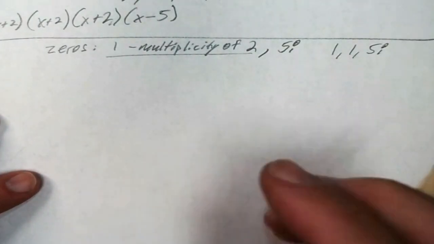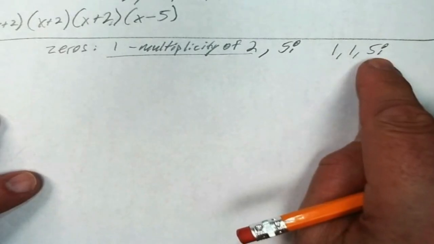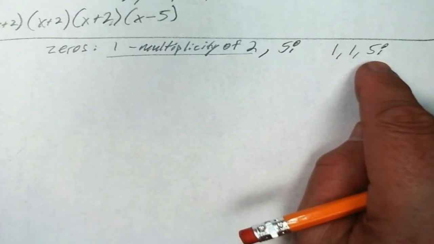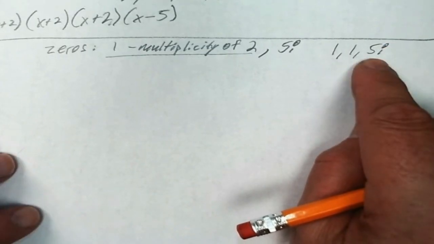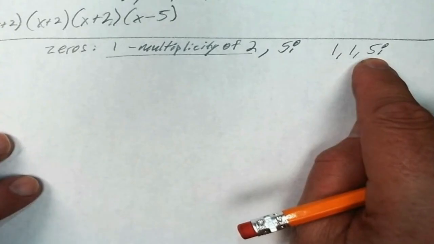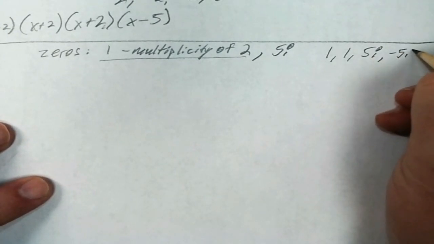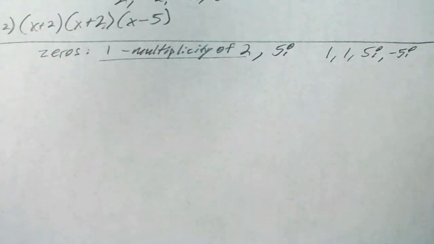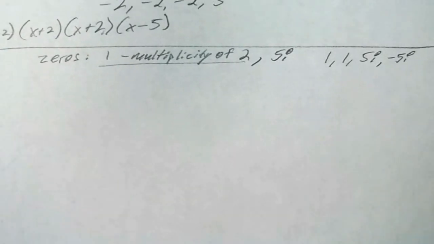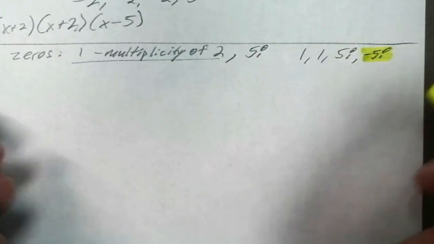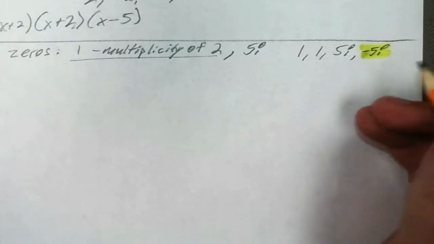What have I said over and over again about complex zeros, complex solutions? They always, always, always come in pairs. So if we have 5i, that means guaranteed we have -5i. It's the conjugate. If you have 5i, you get -5i for free. Buy the 5i, get the -5i for free. So you have to assume that.